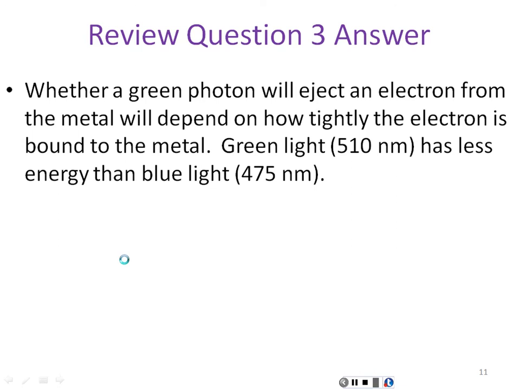Whether or not a green photon will eject this electron will depend on how tightly the electron is bound to the metal, or in other words, the work function for that metal. And we're not given that in this problem, so we simply can't answer this question.